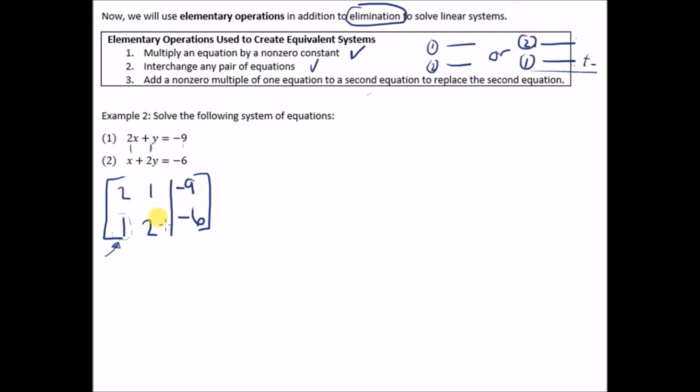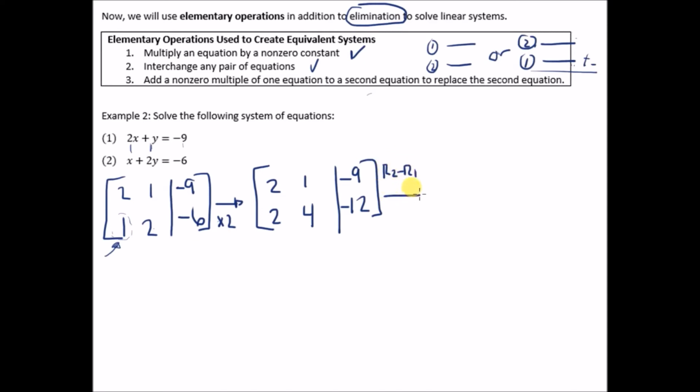So what I'm going to do is multiply this second row by 2. The first row is going to stay the same, 2, 1, -9. And the second row is going to be 2 times 1, 2 times 2, and 2 times -6. Now I'm going to do row 2 minus row 1.